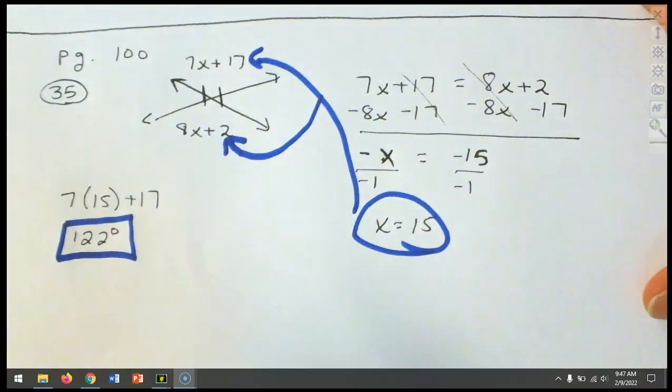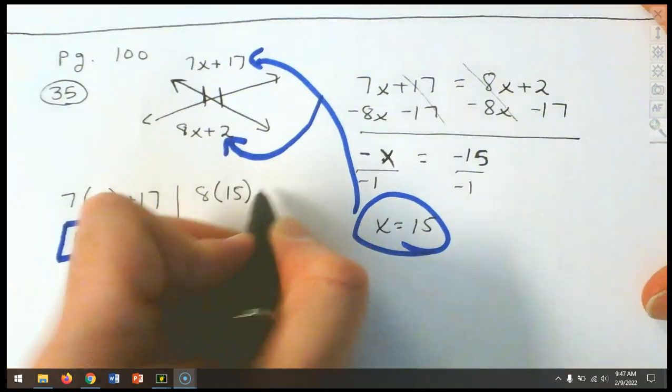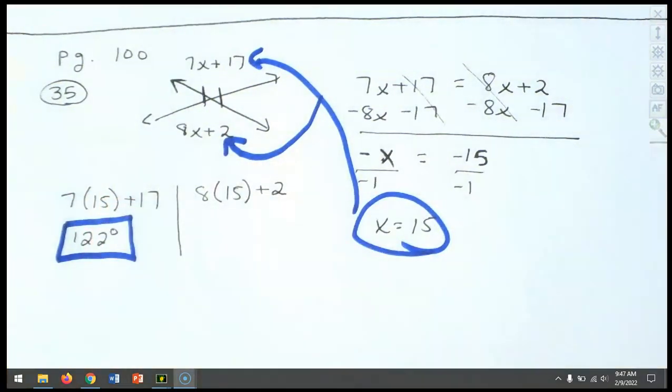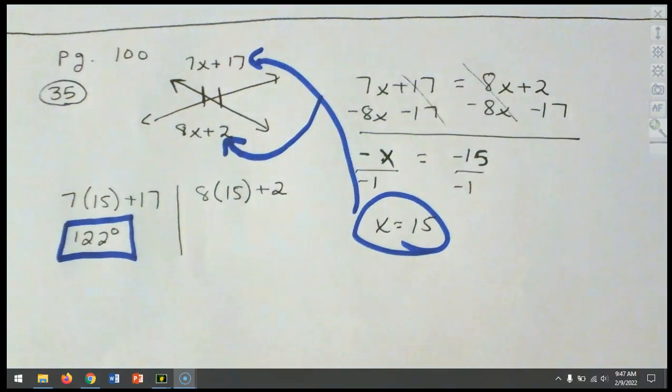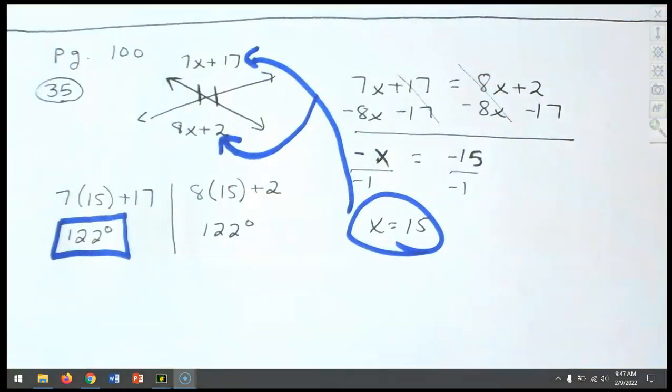So what's the other one going to be? 8 times 15 plus 2. 8 times your 15, that's 120, plus 2 more also makes it what? 122 degrees, and these are the answers.